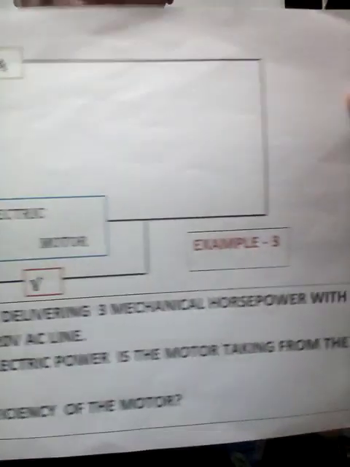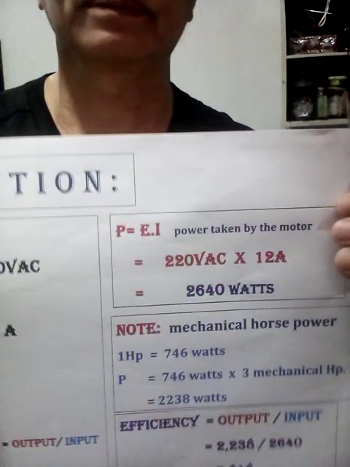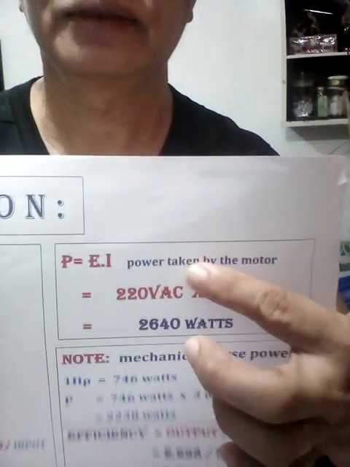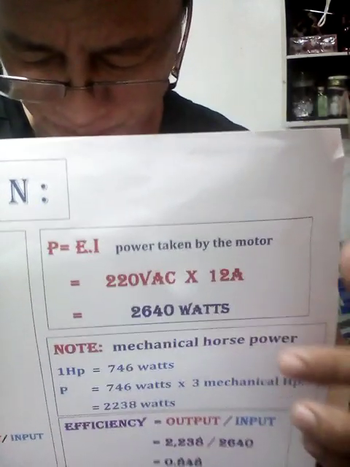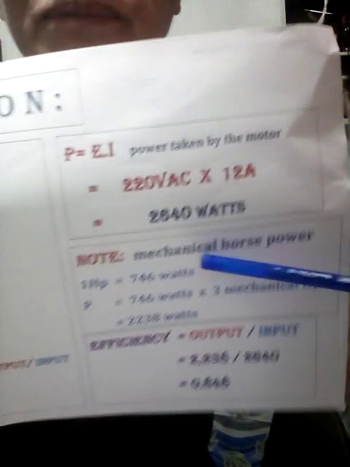Yan po yung question po natin. So, the answer po, yung electric motor delivering 3 mechanical horsepower, ito po siya. And motor taking from the line, ito po siya. Ito po ang answer po natin.